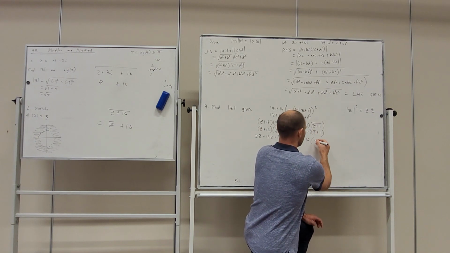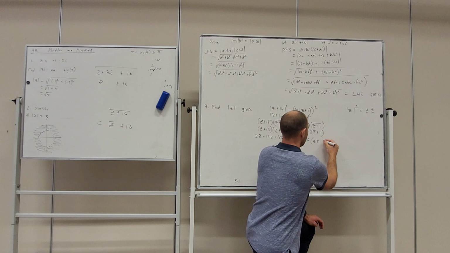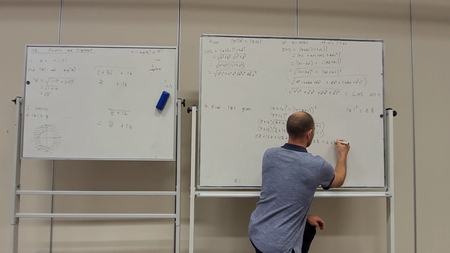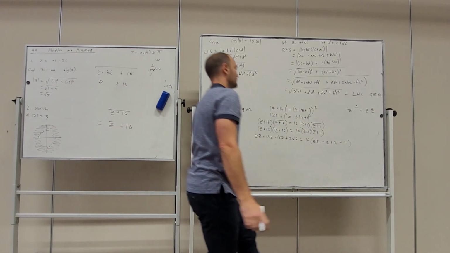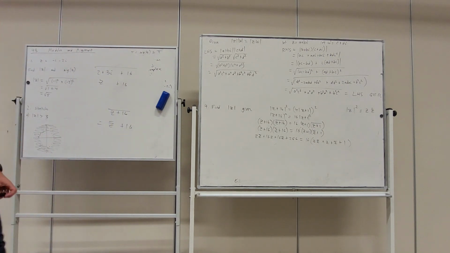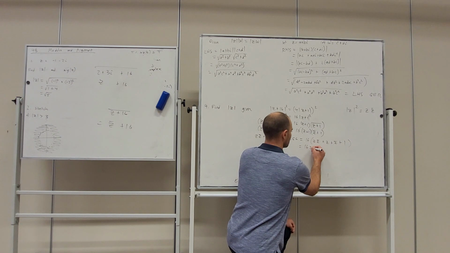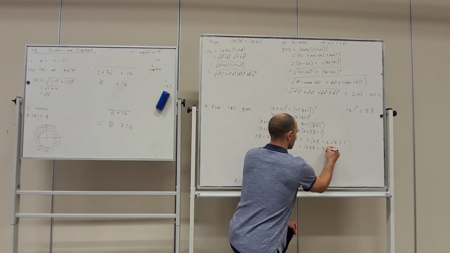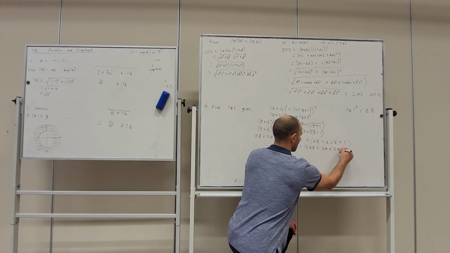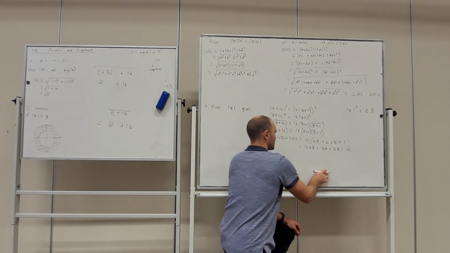And then here that 16 will stay up front for now, z conjugate z. We'll distribute this 16.